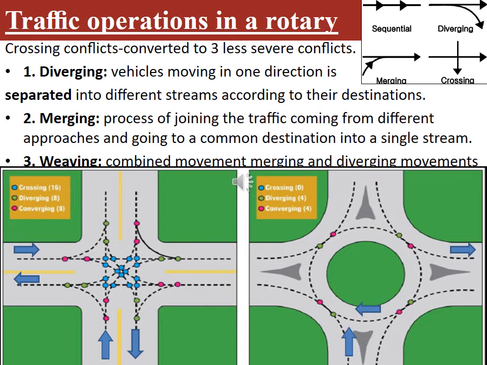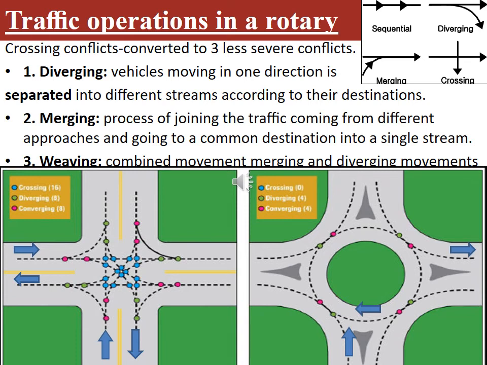And if vehicles coming from different streams merge together to flow through a single stream, then that point is known as merging conflict point. And weaving means combined movement of both merging and diverging.